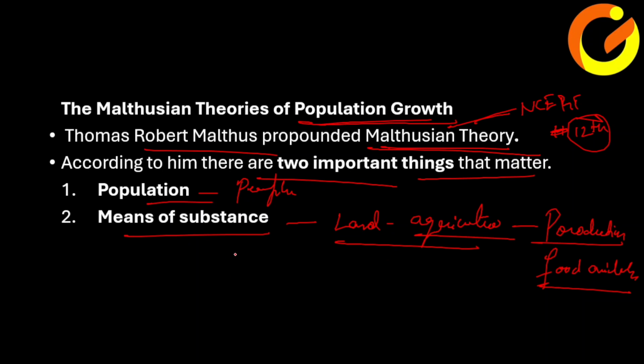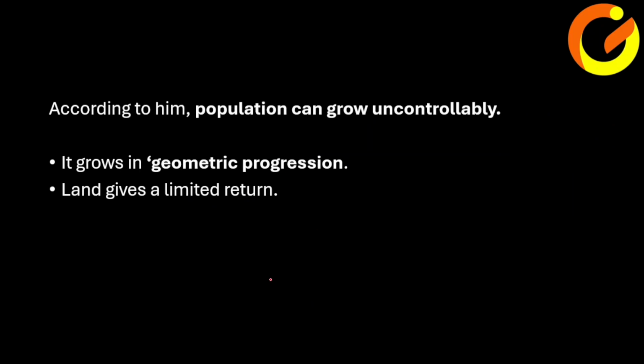He says both will not go hand in hand, right? Because normally in a developing country like India, population growth increases exponentially, but the means of subsistence, that is the means of production, will not increase like that. It will go linear, and there is a point of catastrophe. That is what he is talking about, and we'll see further.